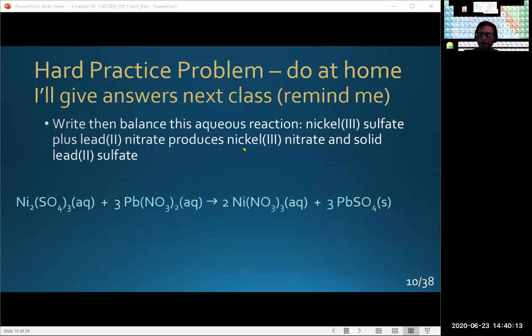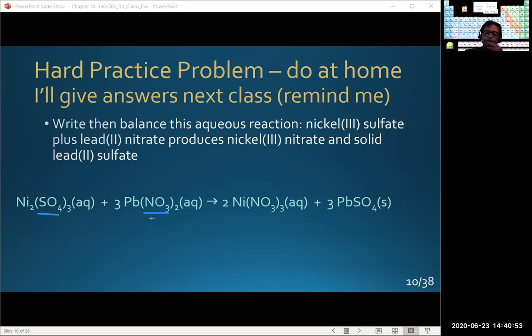You should get that. One key about these types of reactions to help you out: follow the polyatomic ions to get in balance. Follow the SO4, follow the NO3 to get in balance. If you follow those and get those balanced, everything just falls into place by itself. Because you start off with 3 SO4s on the left side, you should have 3 SO4 sulfates on the right side.